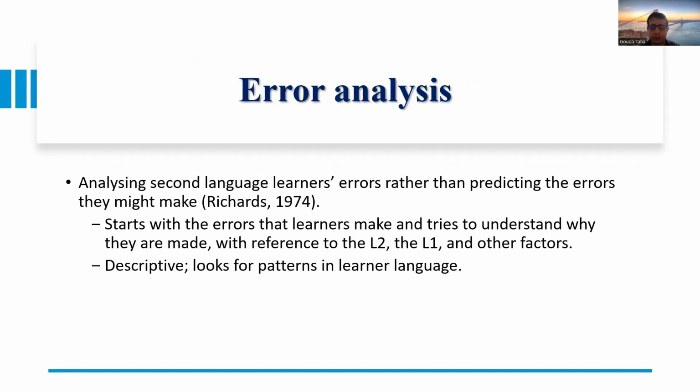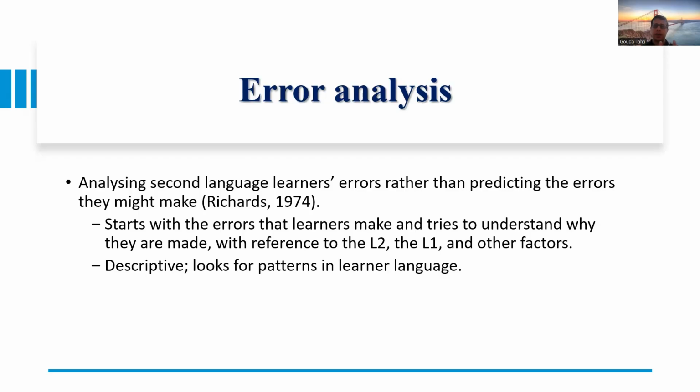Another approach that is used is the error analysis. And instead of predicting what the learner is going to stumble upon, Richards, 1974, introduced another method saying that we can analyze the errors that are actually made by the language learner.